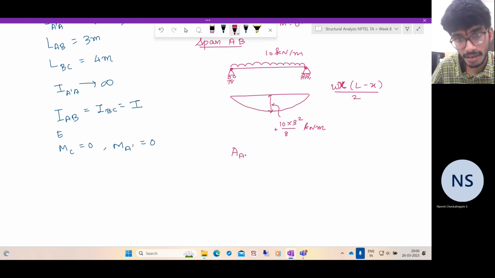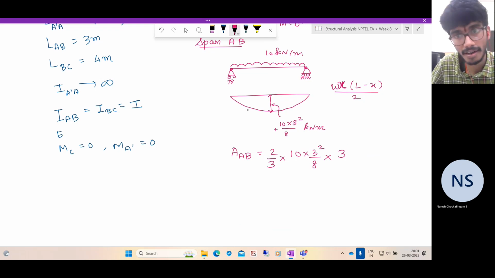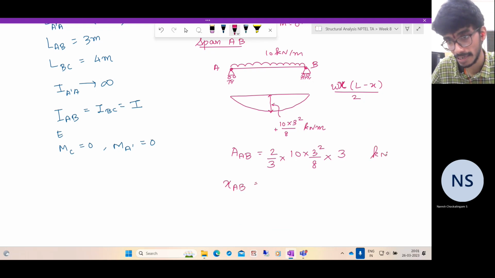Now what do we need? We need AAB, which is the area under the bending moment diagram in span AB. If it's a parabolic bending moment diagram, the area is 2/3 of that of a rectangle. So it is 2 by 3 times 10 into 3 squared by 8, the height of the rectangle, and the length of the rectangle is 3. And where is the centroid with respect to the point A?